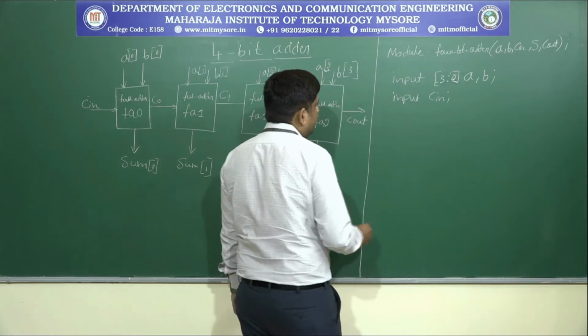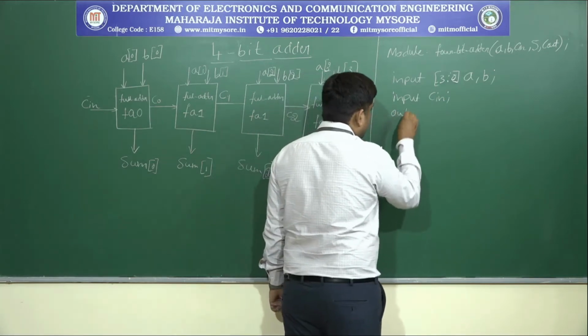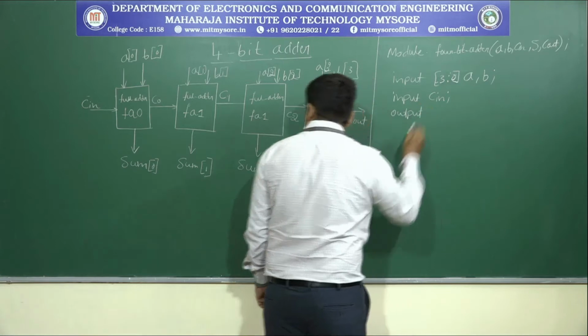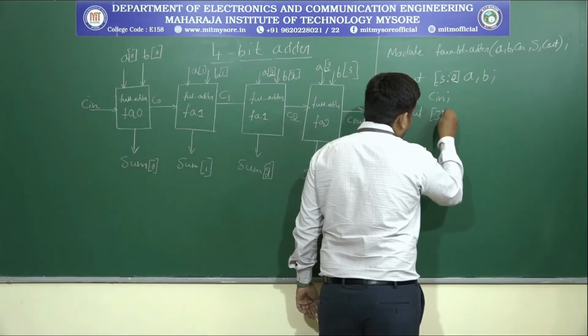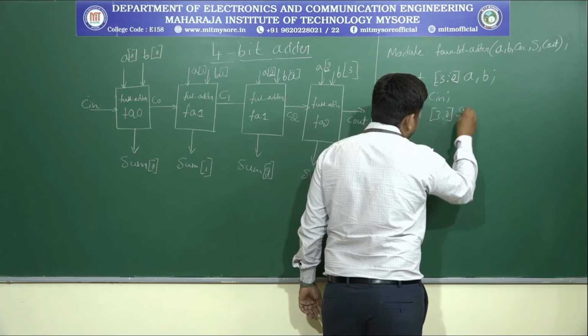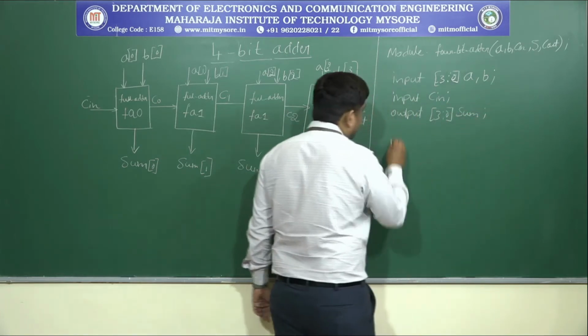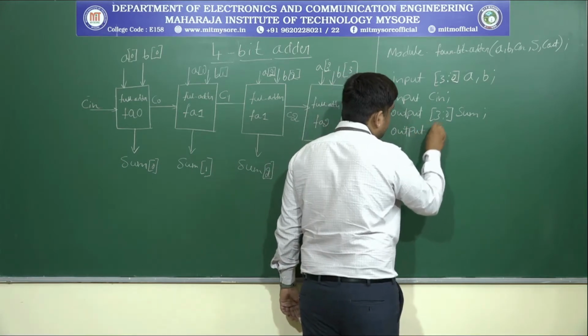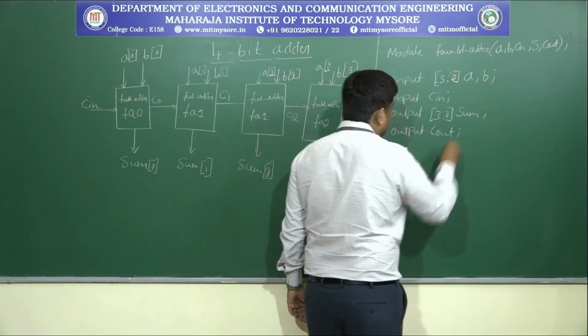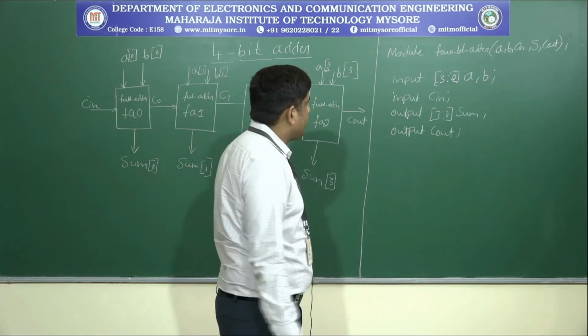After this you have to mention the outputs. There are two outputs here, one is sum, another one is Cout. Sum is 4 bit, that is [3:0] sum. Then one more output is there, that is output Cout. Okay, these are all the IO declarations.